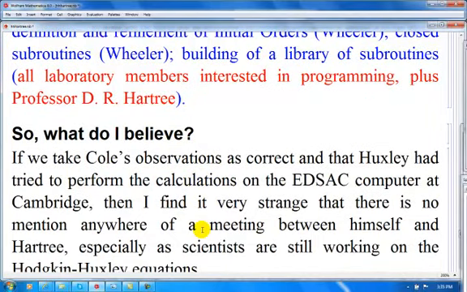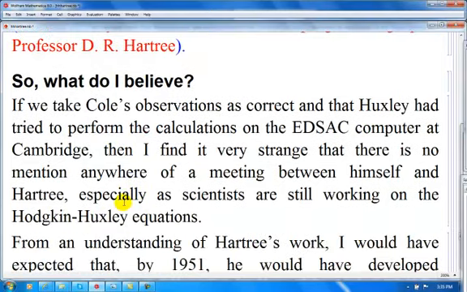So, what do I believe? Well, if we take Cole's observations as correct, and that Huxley had tried to perform the calculations on the EDSAC computer at Cambridge, then I find it very strange that there is no mention anywhere of a meeting between himself and Hartree, especially as scientists are still working on the Hodgkin-Huxley equations.